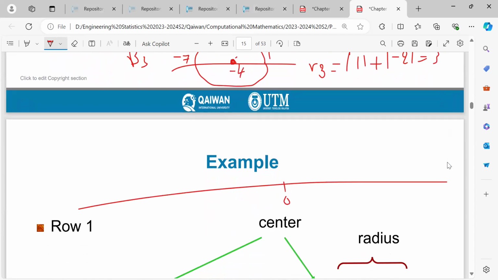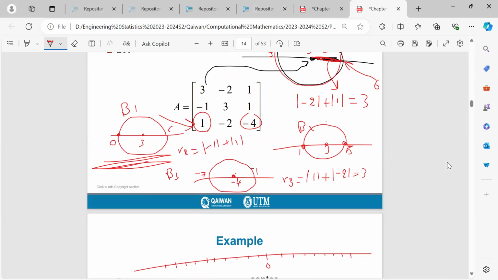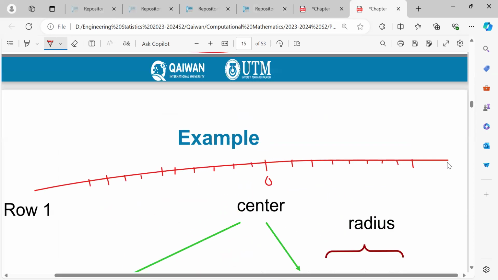This is 0. It's 1, 2, 3, 4, 5, 6, 7, 8. So 1, 2, 3, 4, 5, 6. The first one is 0 to 6, and the center is at 3. From 0 to 6. That's it.